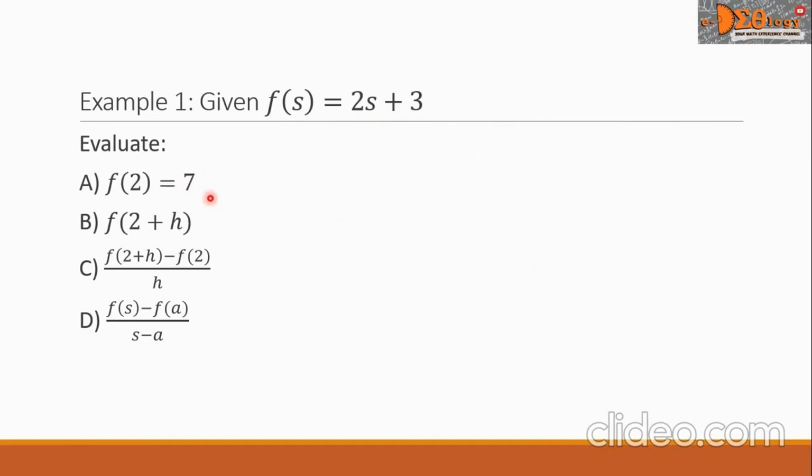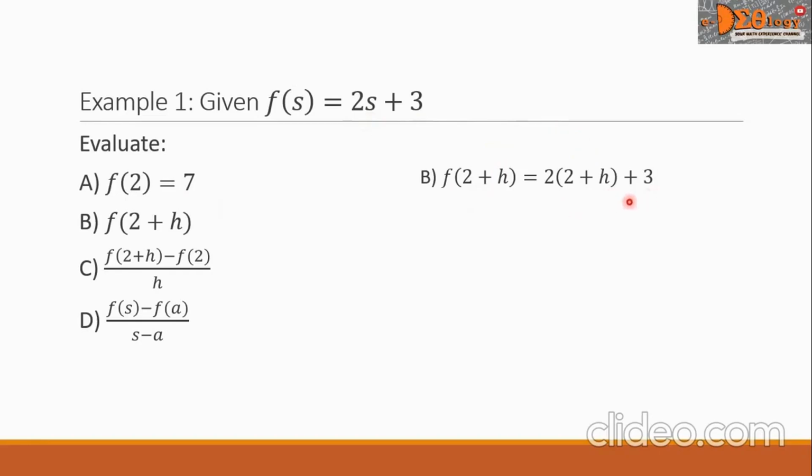Then we will proceed with letter B, the f of 2 plus h. The same idea. I am going to copy the same function. I will write here, but for the s, I am going to substitute the value 2 plus h. So we have now 2 times the quantity 2 plus h, then plus 3.